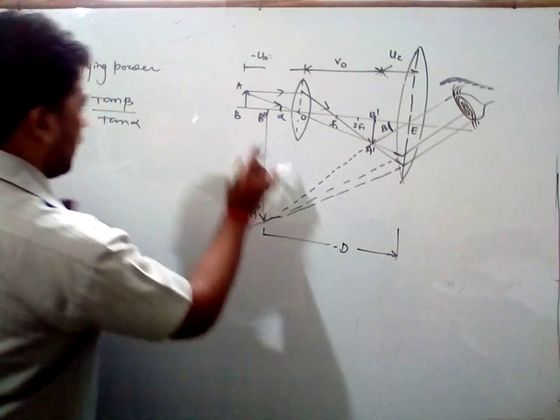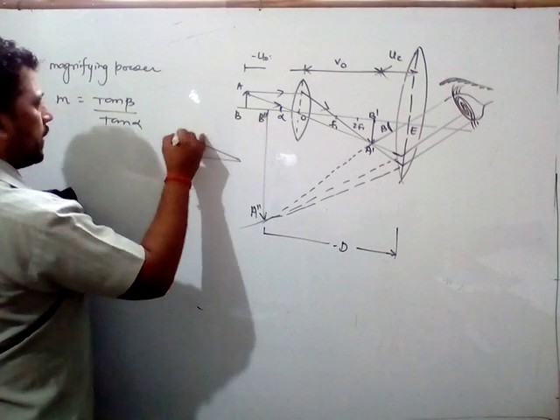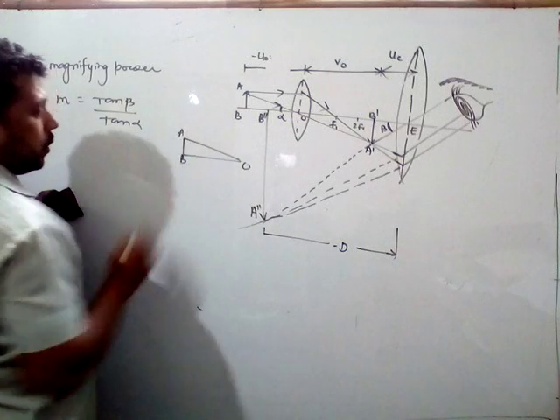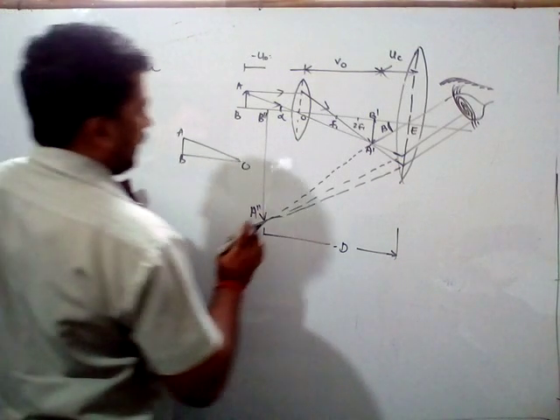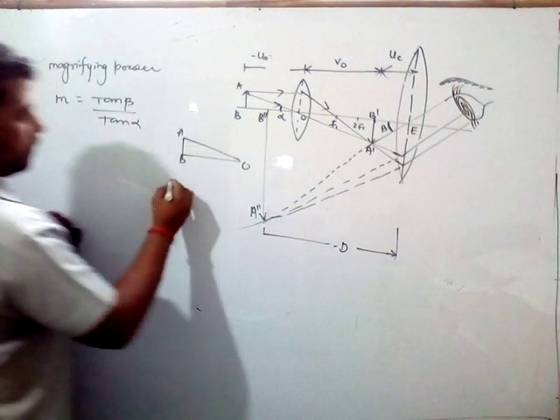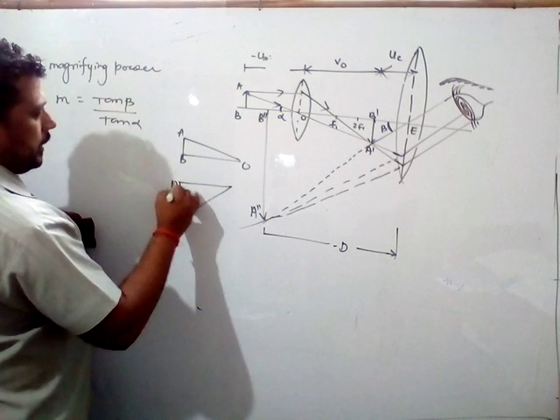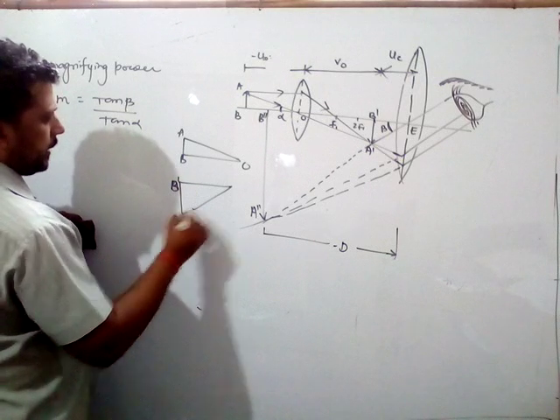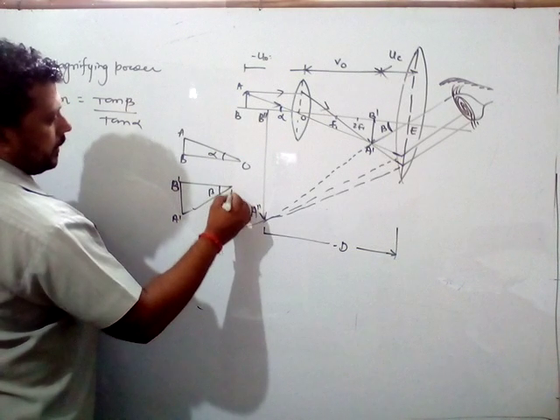For this triangle we can take ABO, and for this triangle B dash A dash E, this is beta and this is alpha.